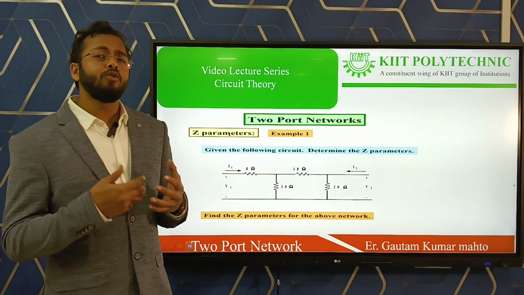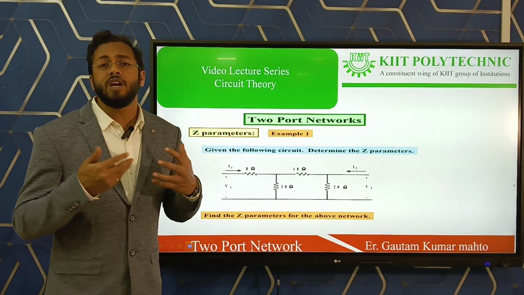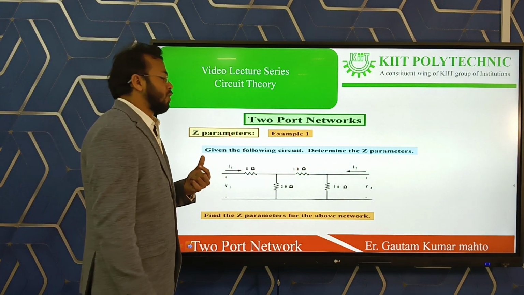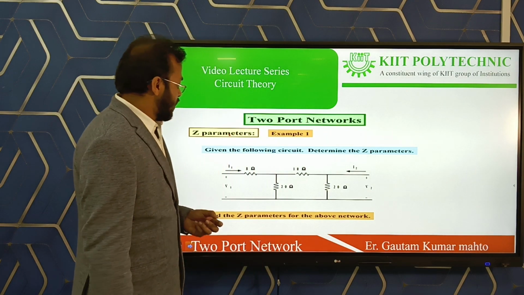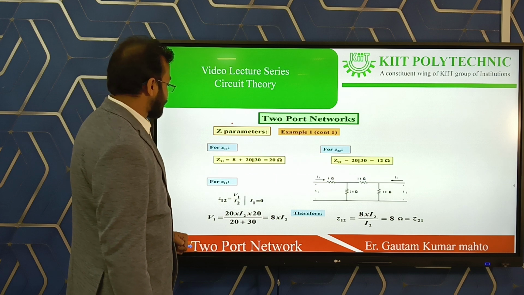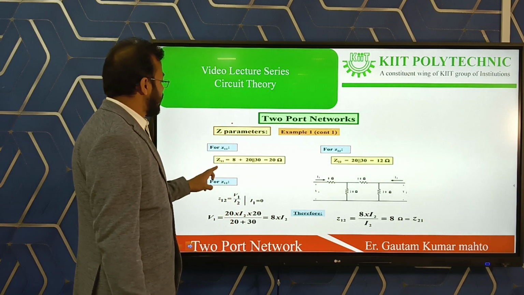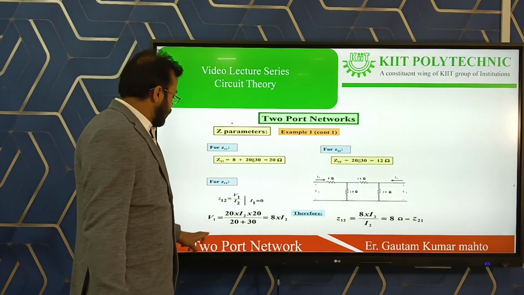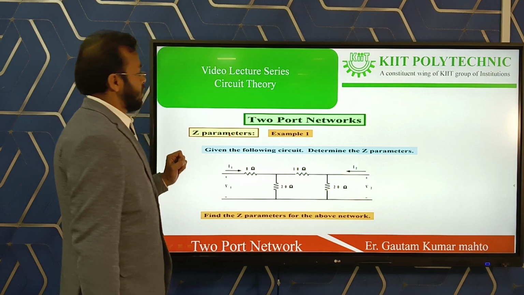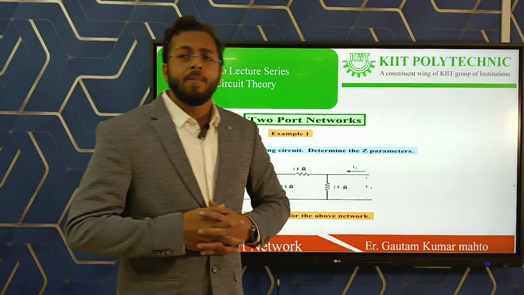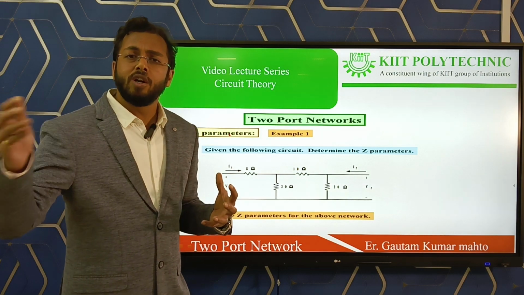For that you have to follow the method. When you are calculating Z11, you have to make I2 equal to 0 on the right side. So when calculating Z11, you have to find the equivalent resistance of this network, because we are writing V1 equal to Z11 I1 plus Z12 I2.